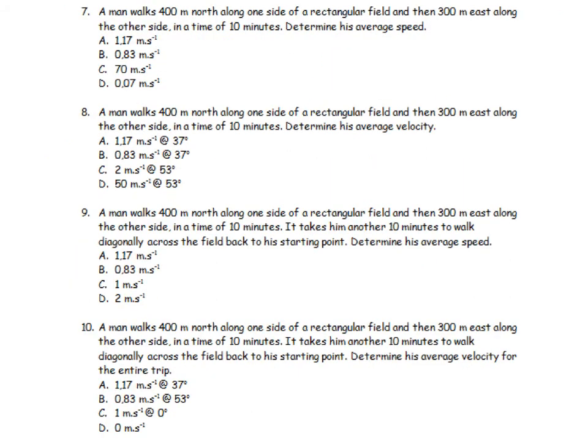Now we've got this man who's walking along a rectangular field. He starts off, he goes 400 meters towards the north, and then he goes 300 meters towards the east. And it takes 10 minutes. What is his average speed? Remember, speed is distance divided by time.